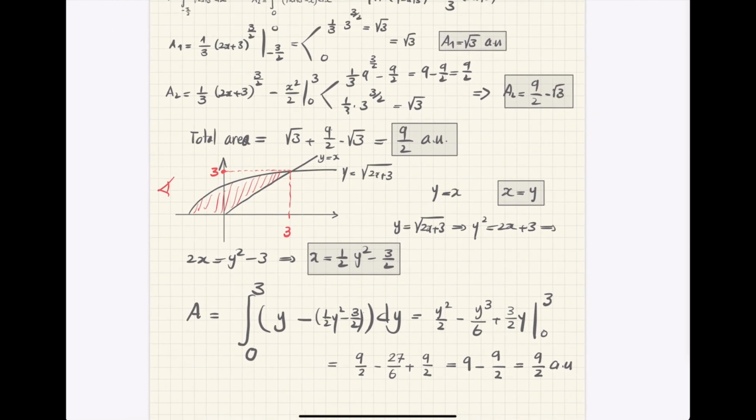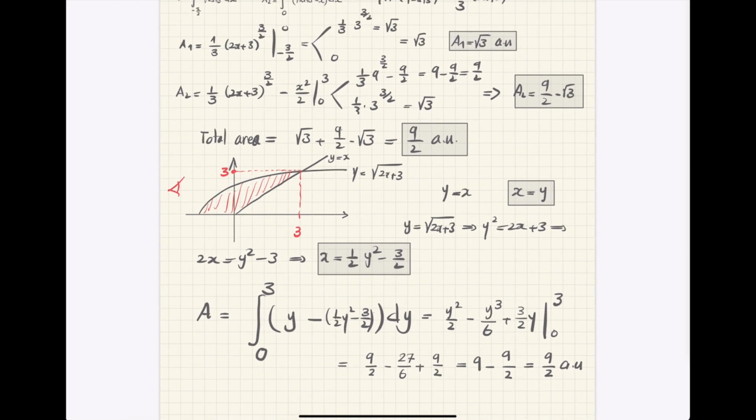Is that understandable? This idea of changing your perspective from the x-axis to the y-axis can sometimes be extremely useful. Okay, any questions here? Good.